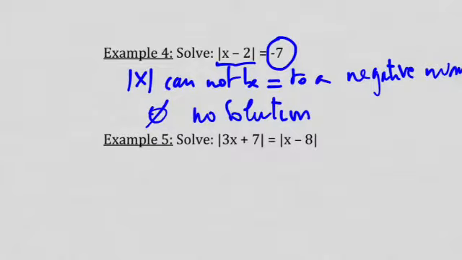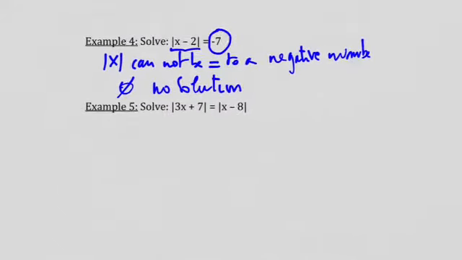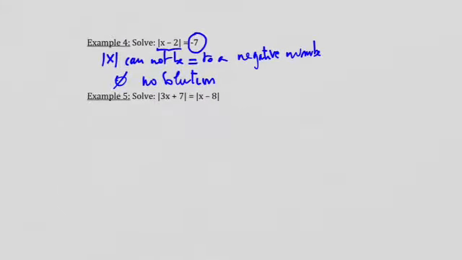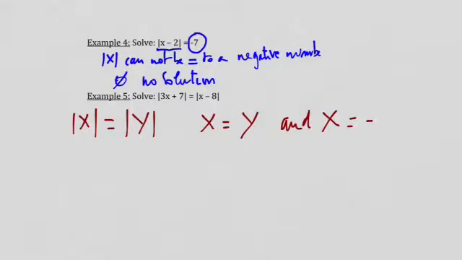Now, let's take a look at example number 5. On this example number 5, you have the absolute value of 3x plus 7 equal the absolute value of x minus 8. The definition is telling you that when you have the absolute value of an algebraic expression equal to the absolute value of another algebraic expression, you're supposed to have x equal y, and x equal negative y.